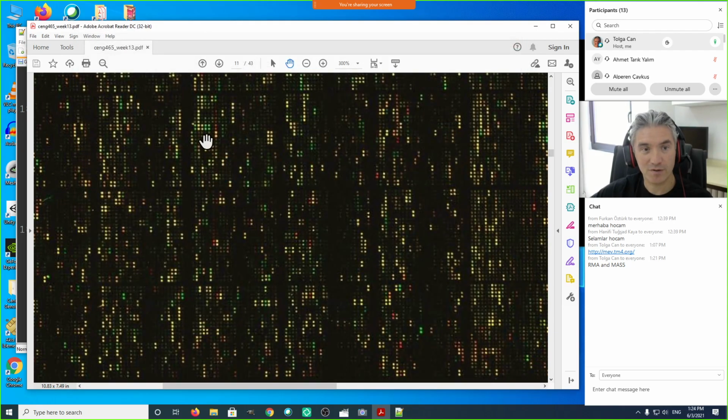All right. So I see some parts are red, some parts are green, some parts are totally black, which means that it was not expressed in any of these two conditions. Some parts are yellow. Yellow is like a combination of red and green. So it's maybe expressed equally in both the tissue types that are dyed with red and green.